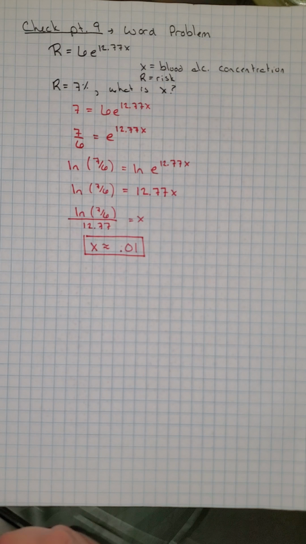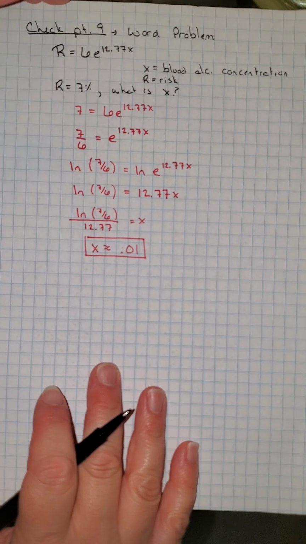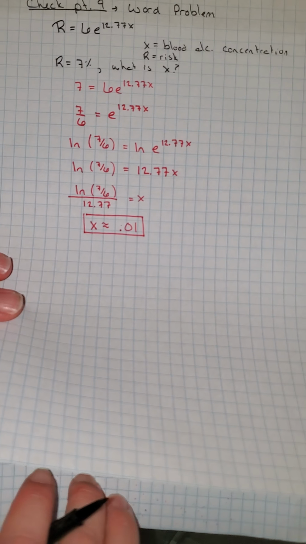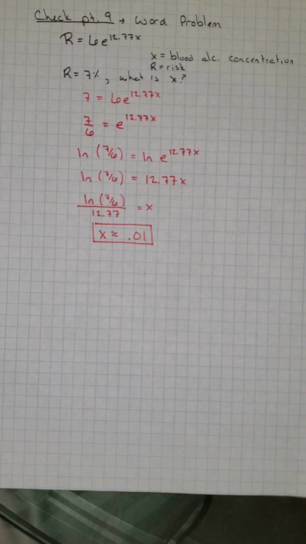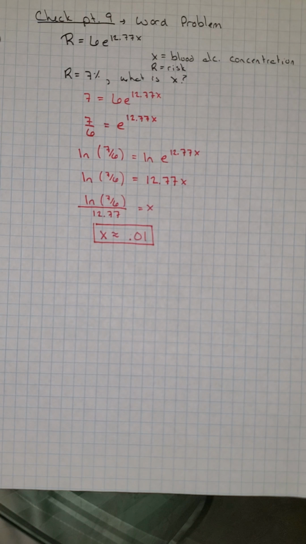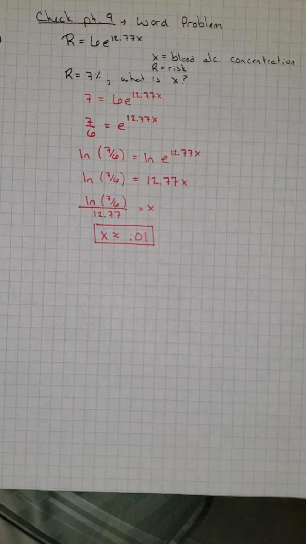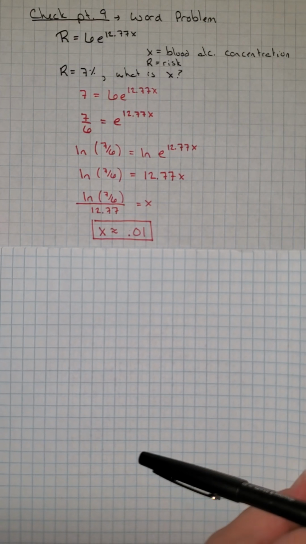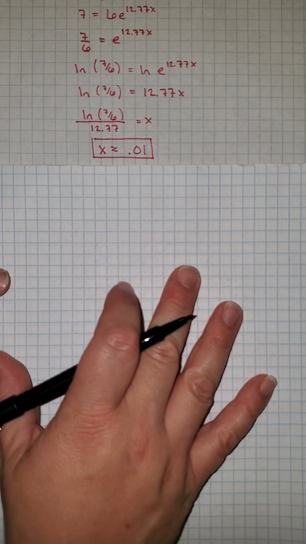Alright, now checkpoint 10 is going to use our old formulas. We're going to have something being compounded quarterly. So something being compounded quarterly means that we're not going to use the PERT, because that's like an all the time thing. That's being compounded continuously. So we're not using that one.